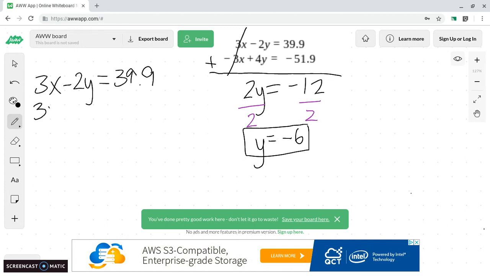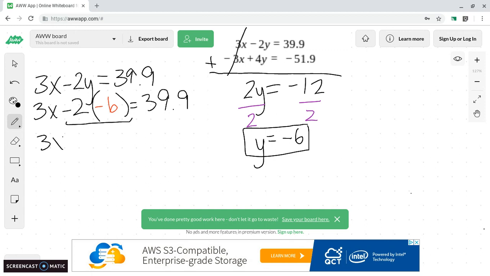So we have 3x minus 2, but we're going to plug in negative 6 for y inside parentheses and then bring down everything else. So equals 39.9. When we simplify this, we can multiply the negative 2 times the negative 6.